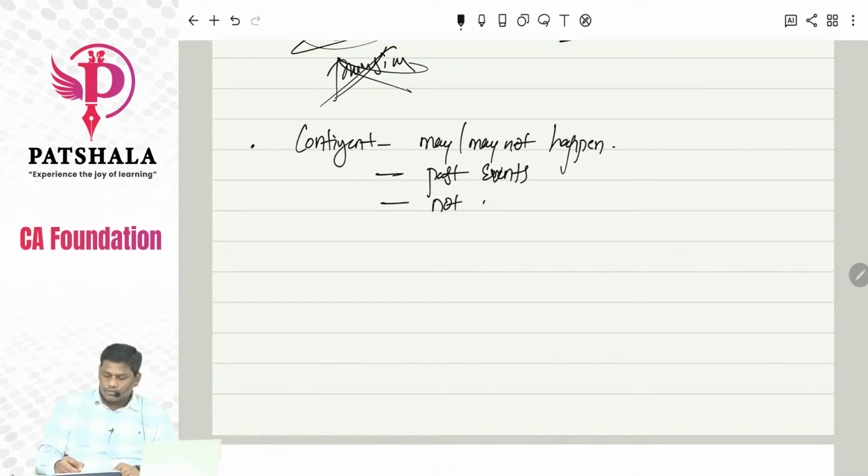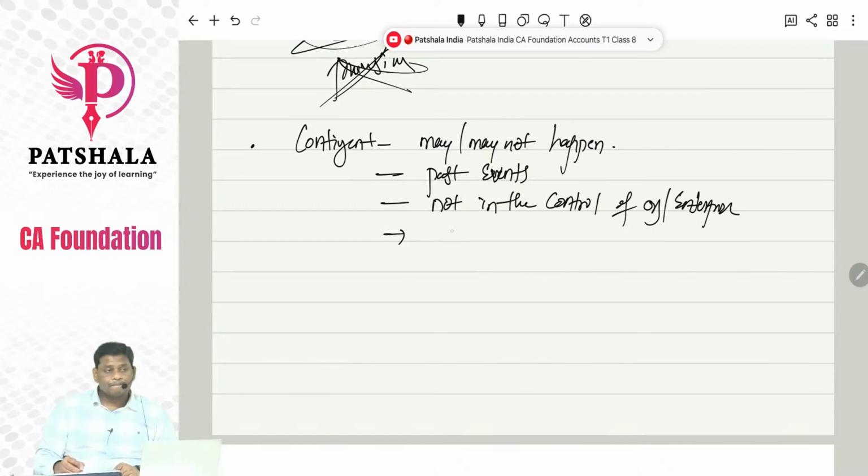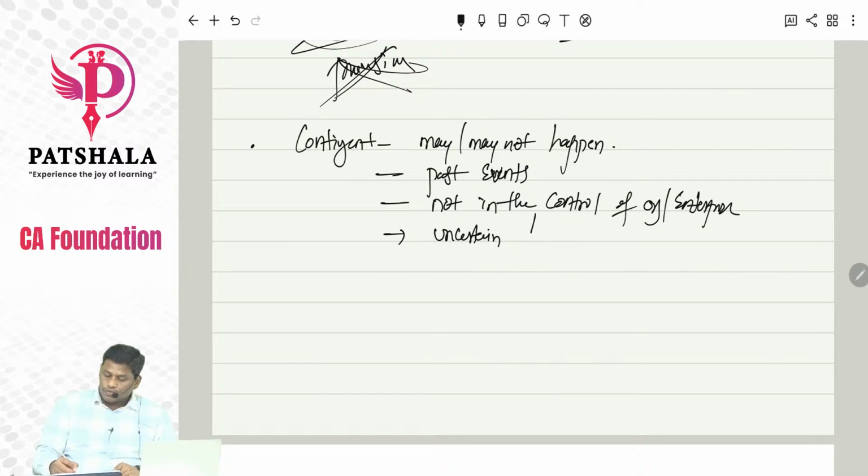These are not in the control of the organization or enterprise, where it may or may not happen based on the past events, with uncertain future events, where on those uncertain future events there may be an outflow of cash or an inflow of cash.